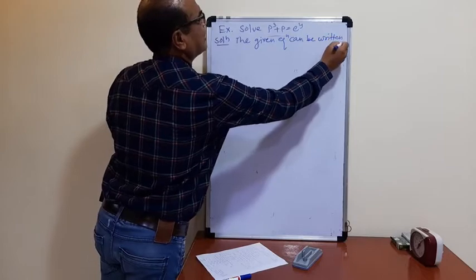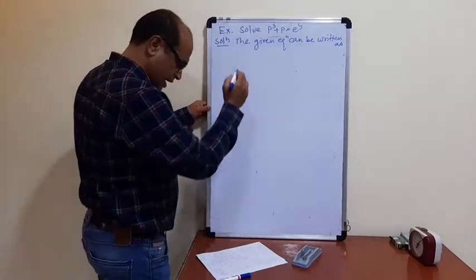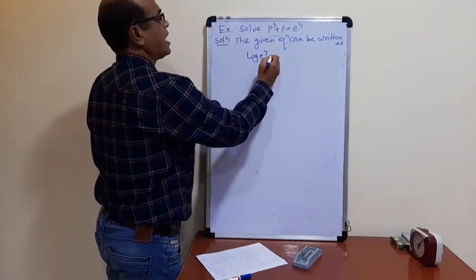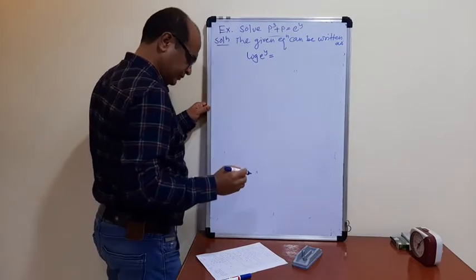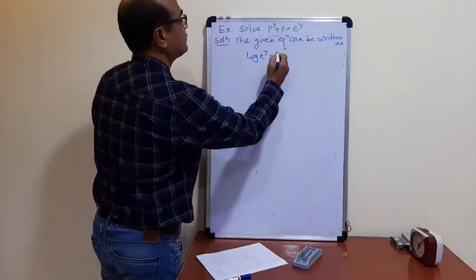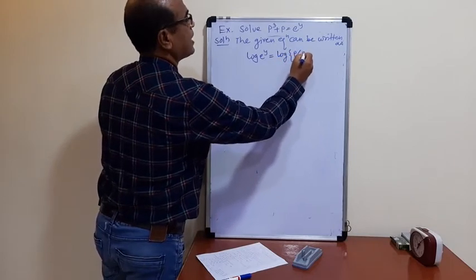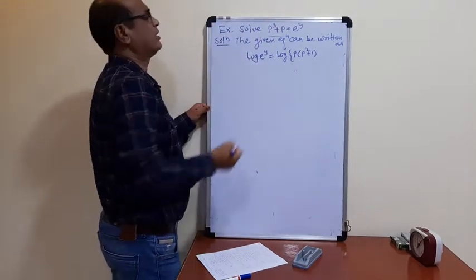taking logarithm of both sides. Log of e raised to y is equal to log of p into bracket p square plus 1. We take p common from this term.